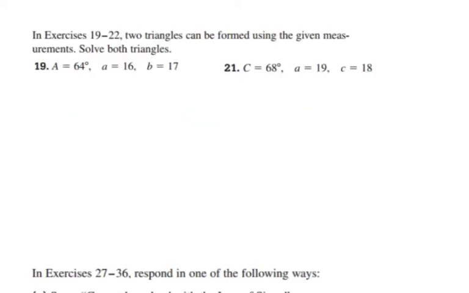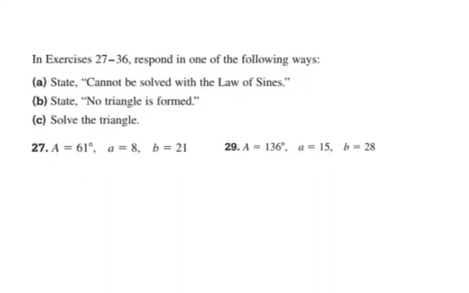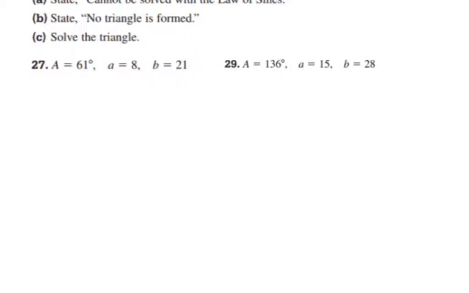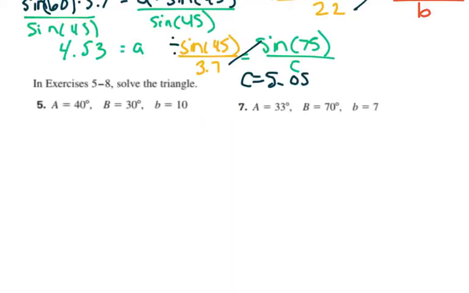Again, one angle, two side lengths. This one here is telling us that it happens, so we already know that's going to be there. And this one is not asking that, so anyway, we'll just want to make sure we're aware of it.